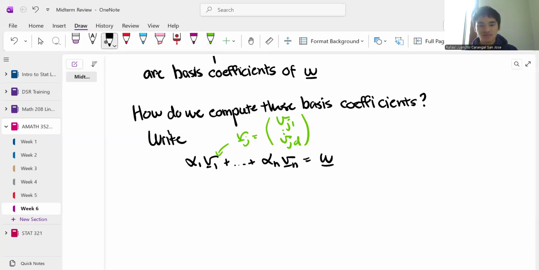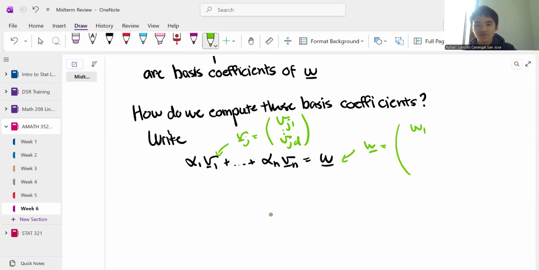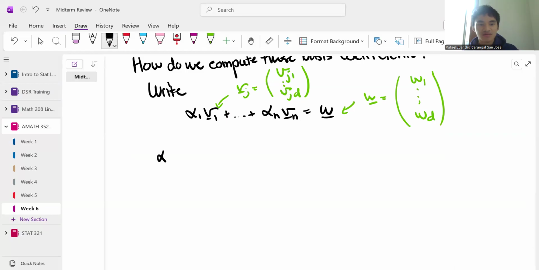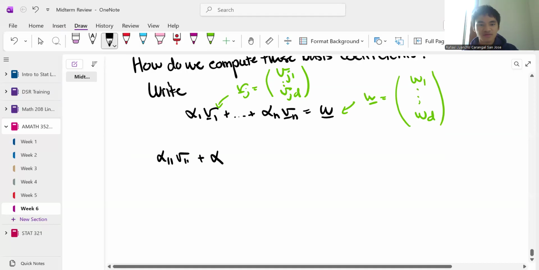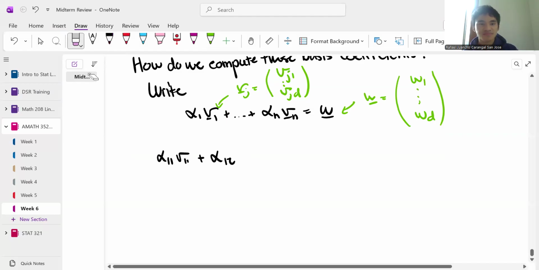Okay? And then this W, we can actually see this as W1 all the way to Wd, because they're all in R^d. And so the way this works, since we already know what that is, we can actually write it this way. Alpha 1 V1,1, alpha 2 V1,2, and we keep going, or shoot, 2,1, my bad.